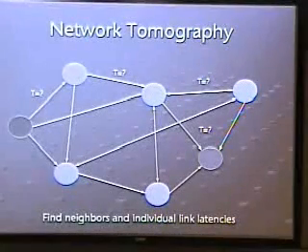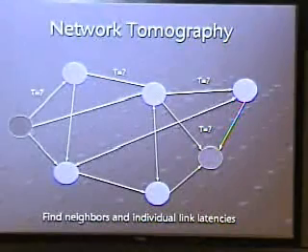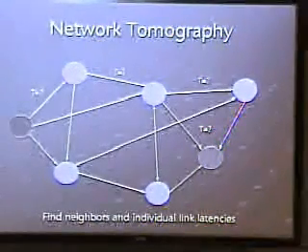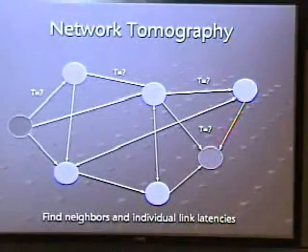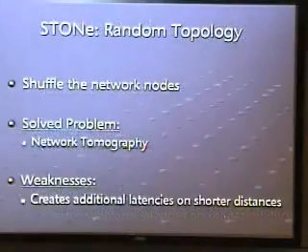And so the idea is to conclude properties about the actual network topology. If you know the network topology, then given any end-to-end delay, we can, with some probability, predict what the path was through the network. So then, in addition, to actually protect against this attack, we shuffle the network nodes.